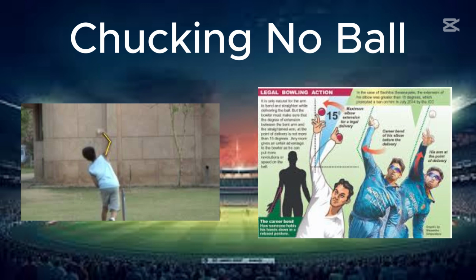Throwing is another name used for chucking, and to ascertain whether a bowler is chucking while bowling, the umpires use a 15-degree rule. Now, the leg umpire is typically responsible for judging whether the bowling action was fair or not, however the umpire at the bowling end can also make a similar call for this no ball.